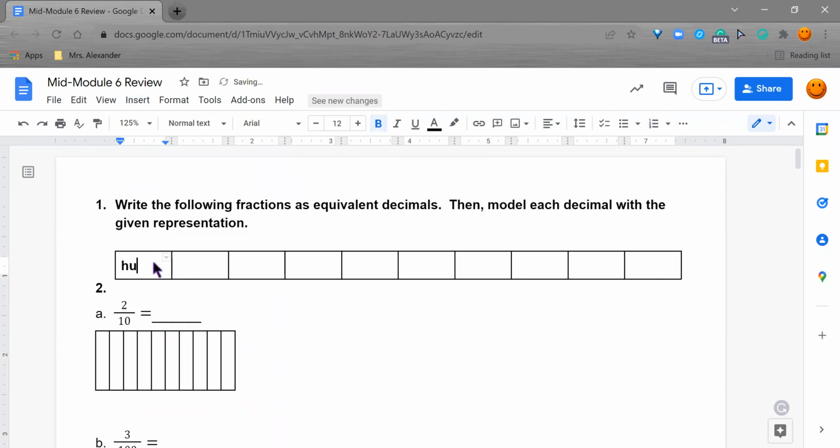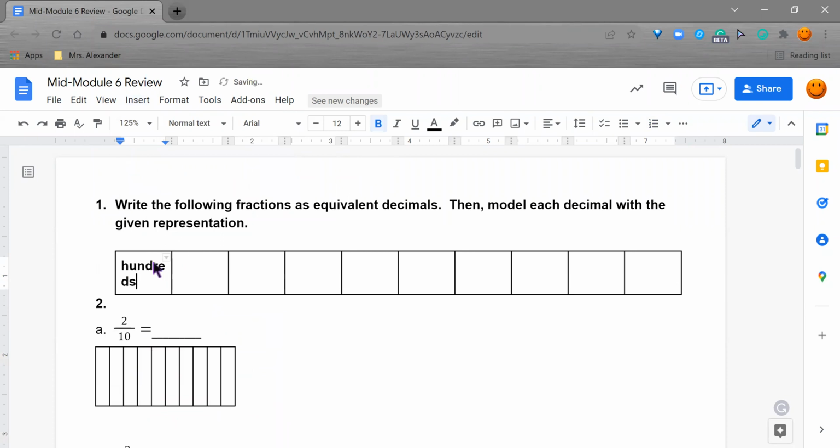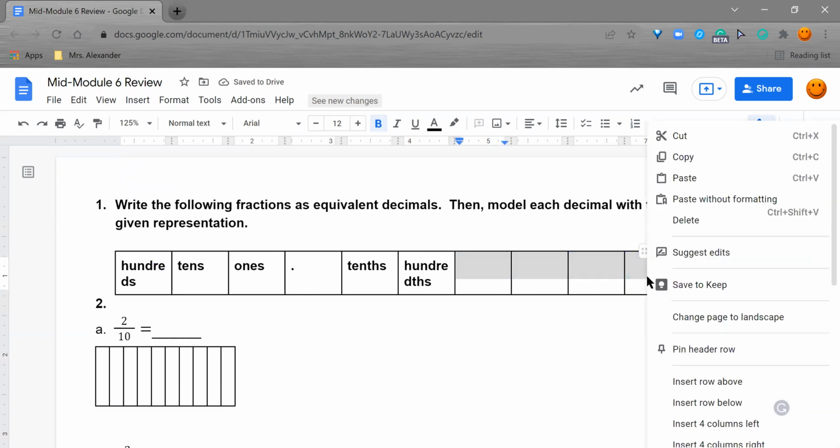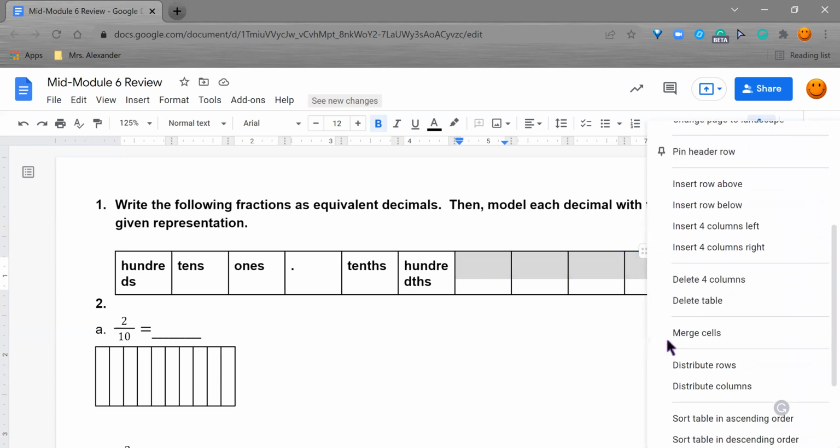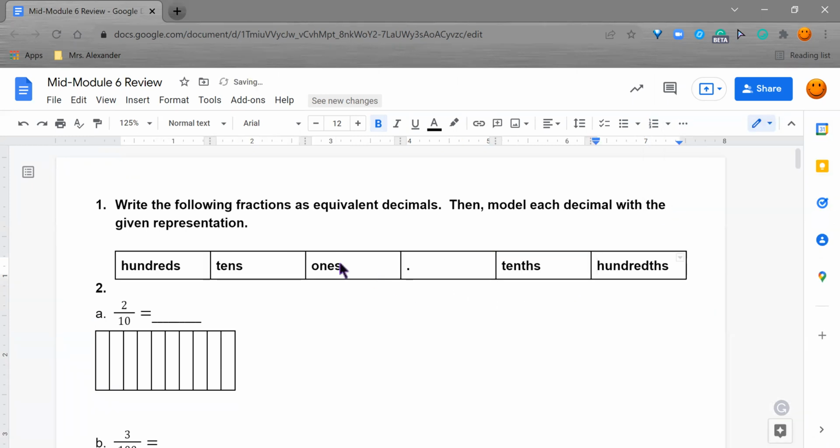So I know I'm dealing with hundreds, tens, ones. This is our decimal point. We have tenths, hundredths. So I put in too many, so these 4 I'm just going to delete. And now that I have it, I can see where everything is.